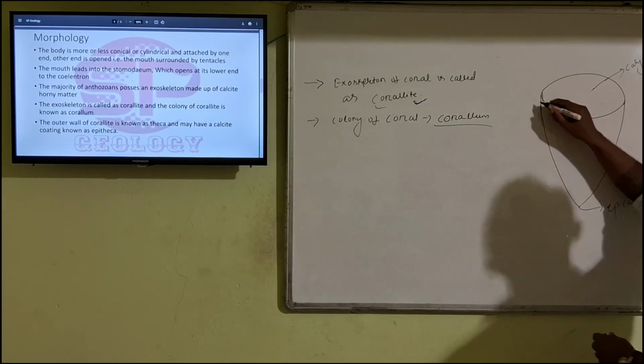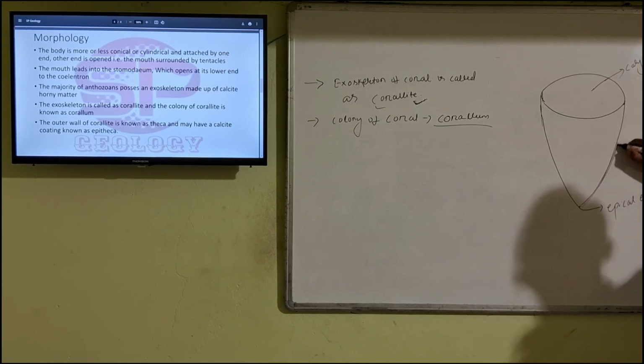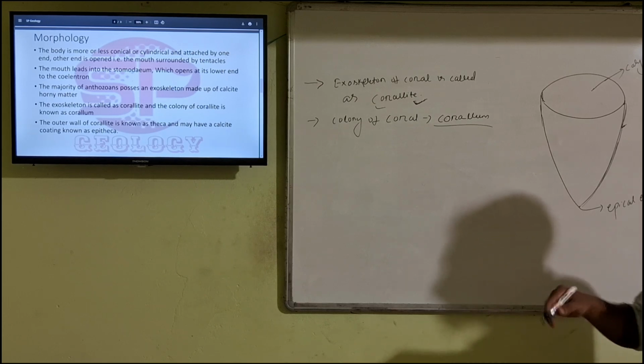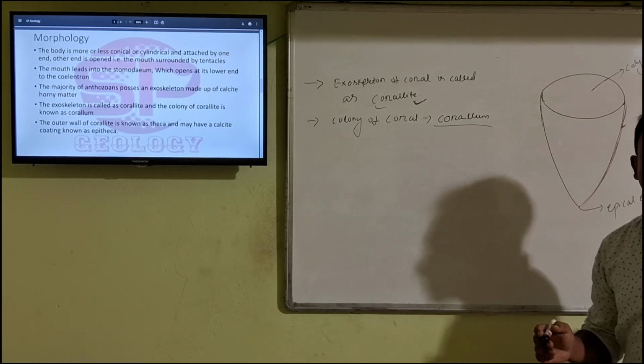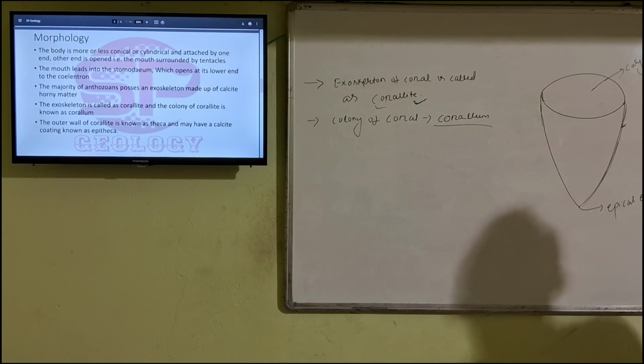See, this is a coral. Its exoskeleton will be here, and the outer wall is called theca, and it may have another coating called epitheca.